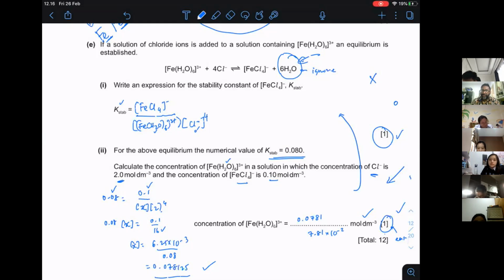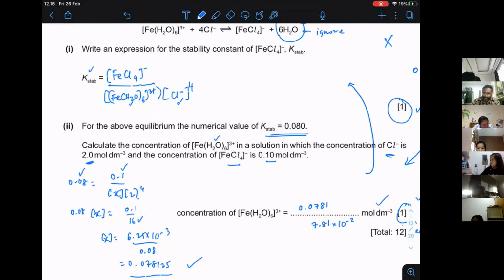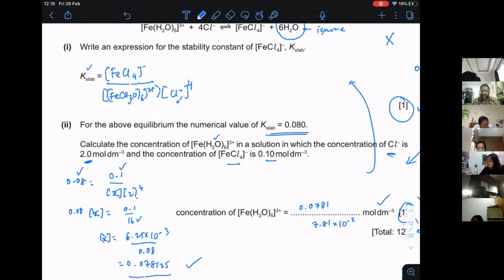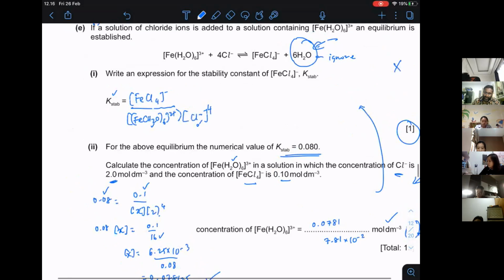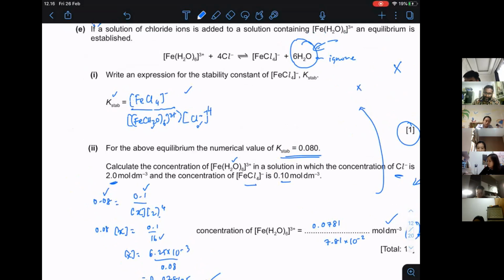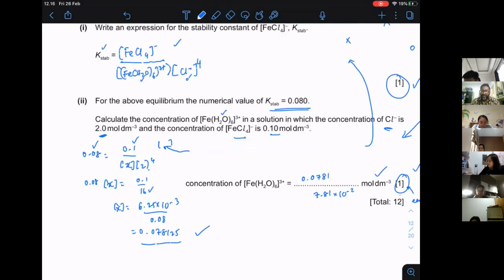As long as you follow through, even if you included water, fine. But you need to tell me why, from where you took the water's concentration. I don't think there is any value related to the water. Even if I give you wrong here, if you include water, you need to explain where you get its concentration. If you cannot explain, you won't get the marks.